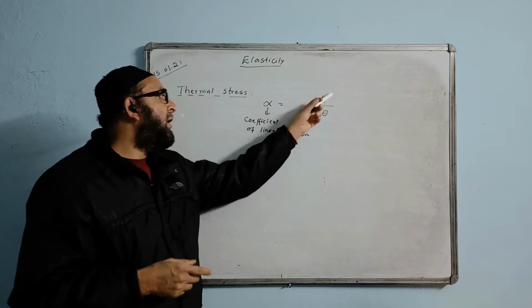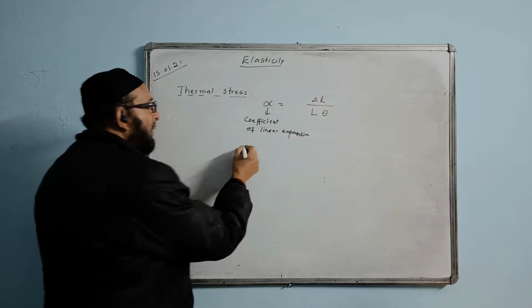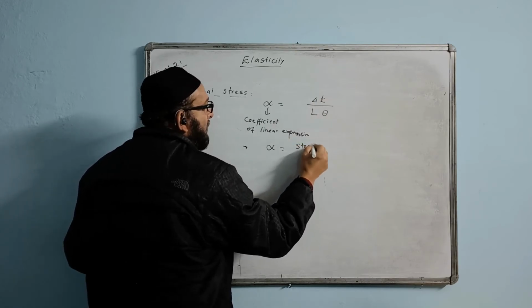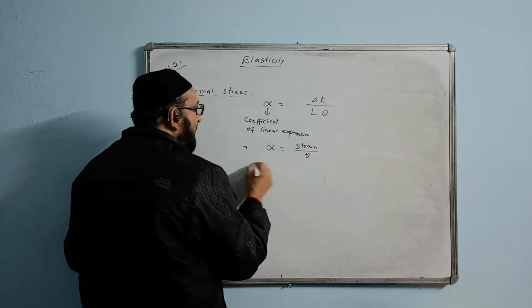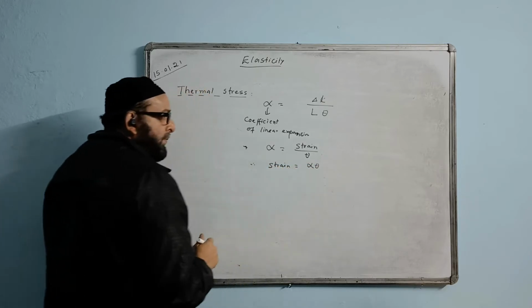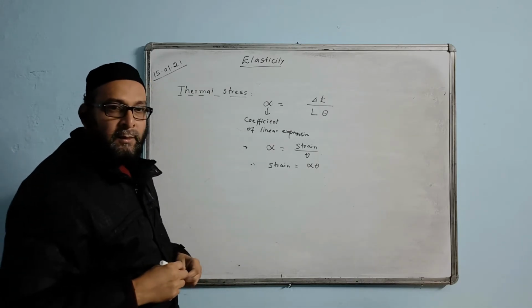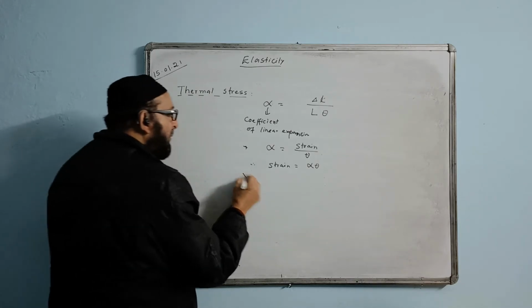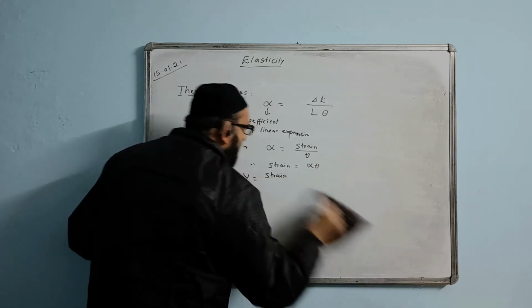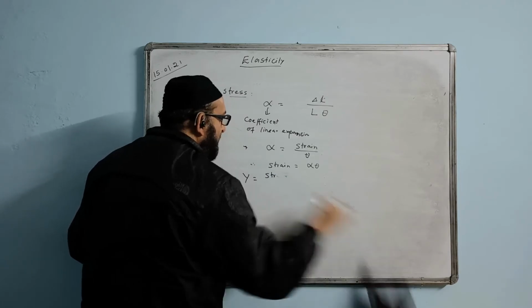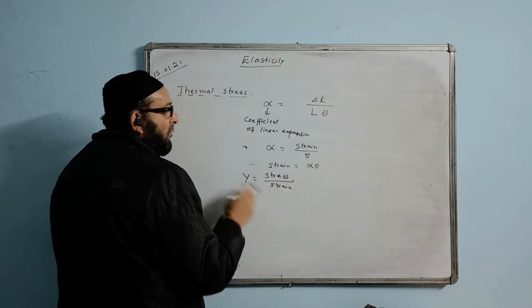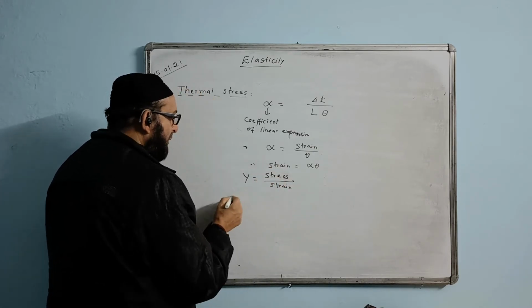Alpha is equal to delta L by L theta. Delta L by L is called strain. So alpha equals strain by theta, therefore the strain value becomes alpha into theta. And we know the formula of Y: stress by strain, for tensile stress, lengthwise stress and lengthwise strain.